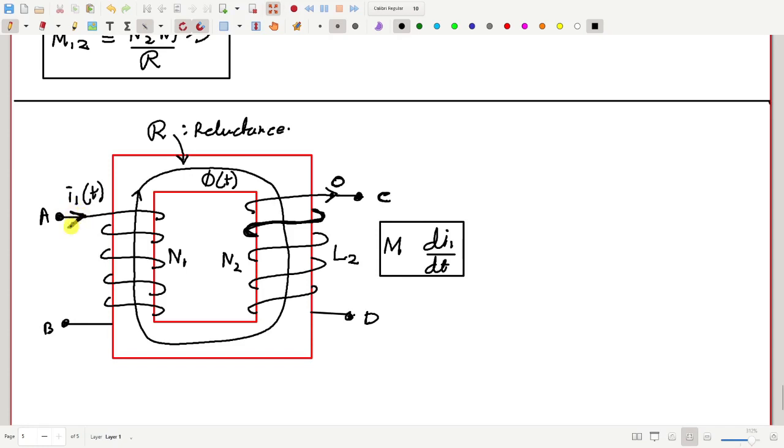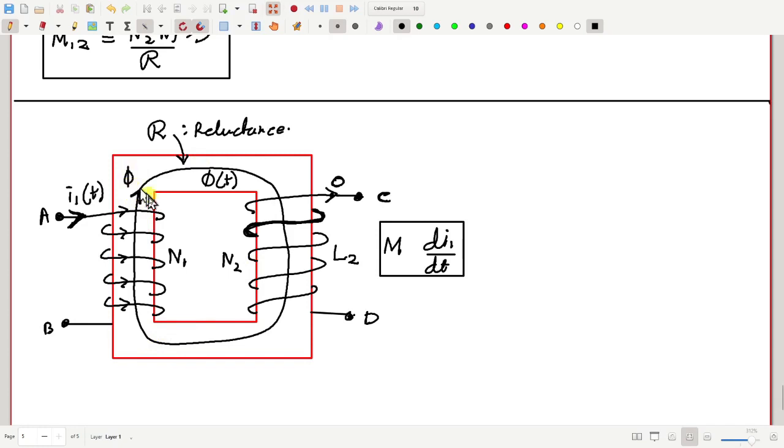Now, assume I1 to be positive and in this direction. If so, can you find out in which direction the flux will be in the core? Will it be in the clockwise direction or the anti-clockwise direction? If the current is in this way, if you use the right hand rule, you will get flux in the clockwise direction.